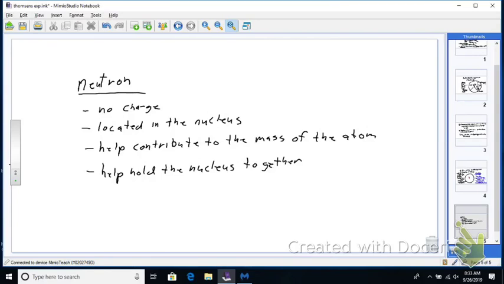What do we know about protons? They're all positive. We get a bunch of positives together, what do they want to do? Repel. So how in the heck do they all stay together in that small area in the nucleus? It's called a nuclear force, and the neutrons contribute to that process of holding them together.